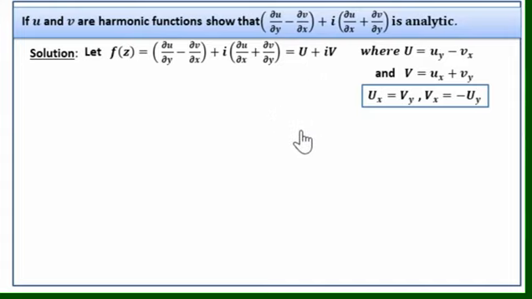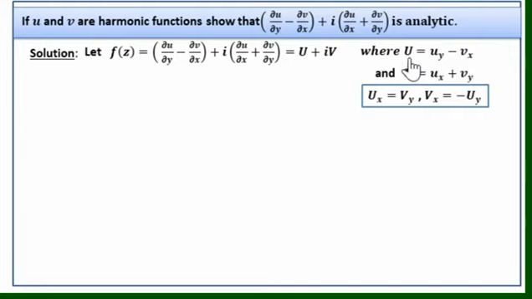So we will first find these four partial derivatives Ux, Uy, Vx and Vy. For this capital U, what is Ux? What is ∂U/∂x? It is ∂/∂x of (uy - vx). That is, differentiate this with respect to x partially, both the sides. So ∂U/∂x = ∂/∂x of uy minus ∂/∂x of vx.